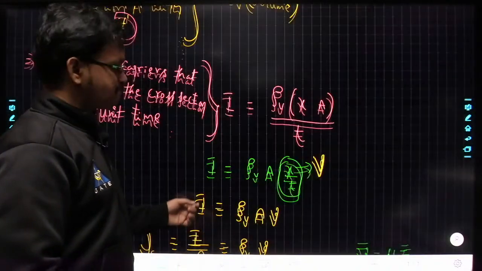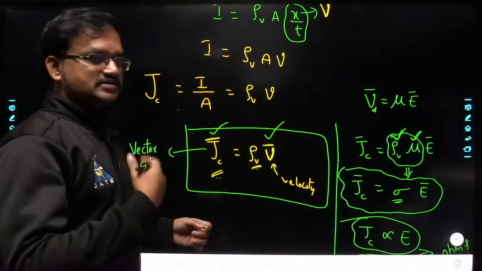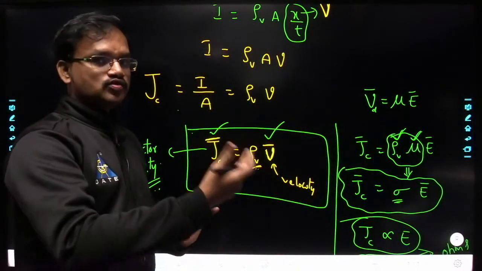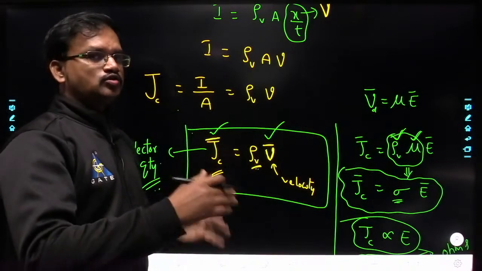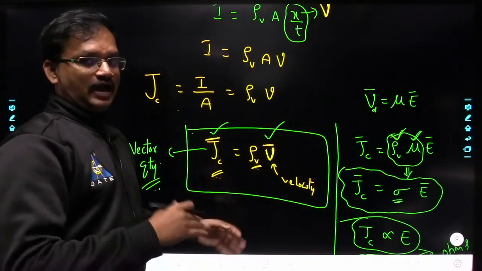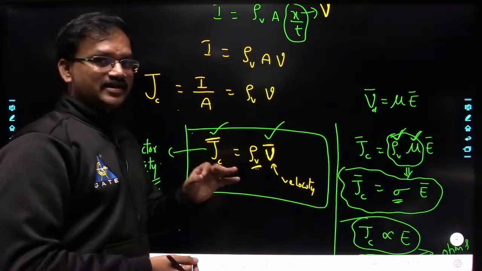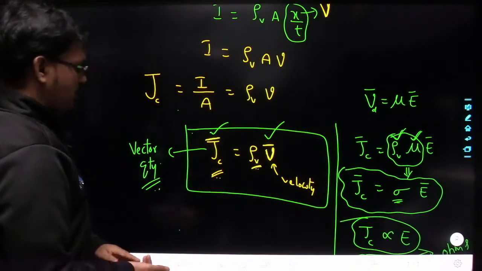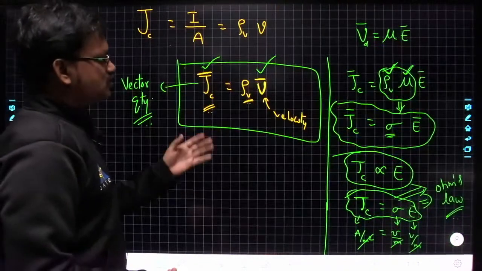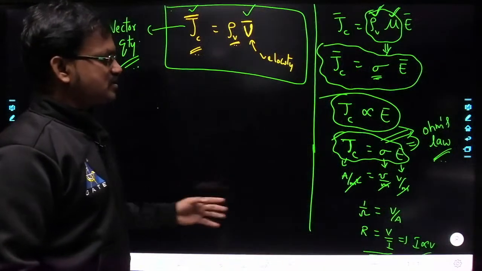We are going to deal with some other currents also, so in order to differentiate that current and this current, I am representing this specifically as conduction current. I hope this is crystal clear.